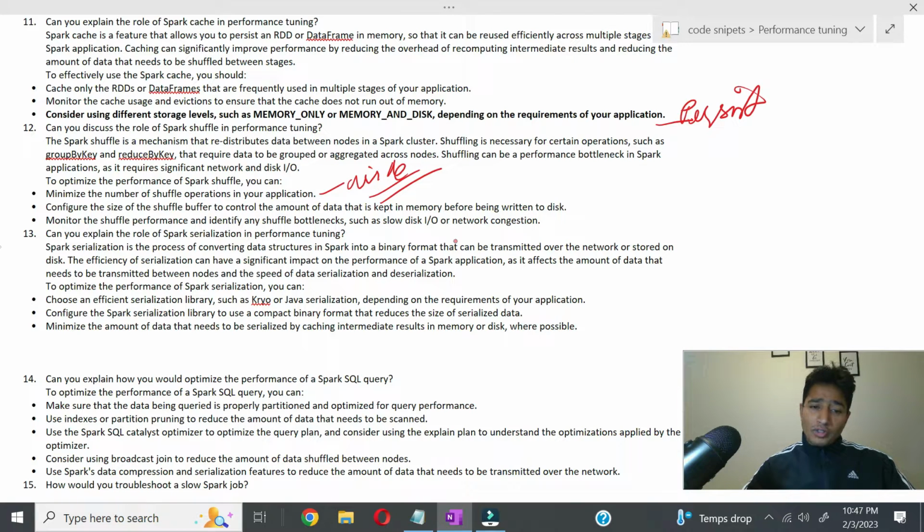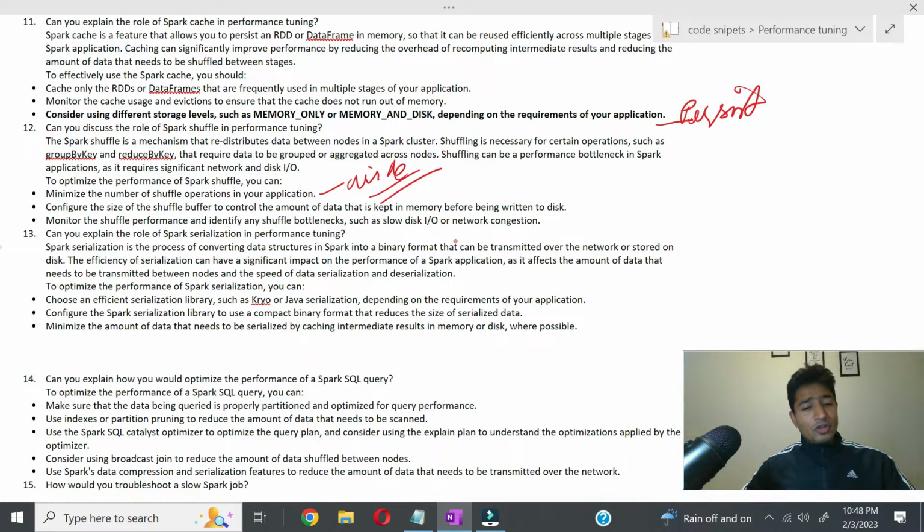To optimize it, what can you do? You can choose an efficient serialization library such as Kryo or the Java serializer, depending on the requirement of your application. Configure the Spark serialization library to use a compact binary format that reduces the size of the serialized data.